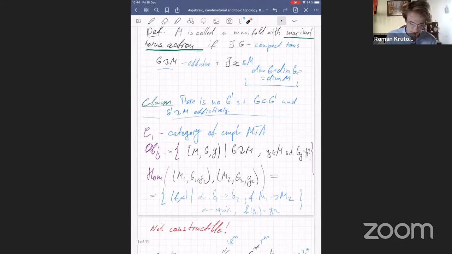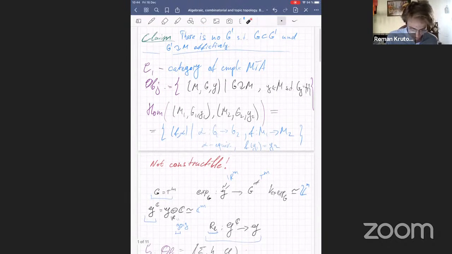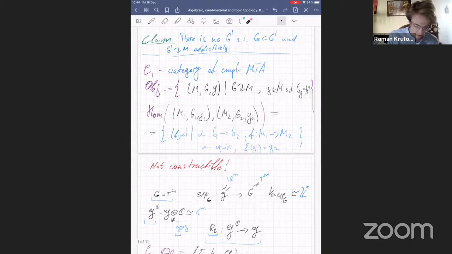But this definition is definitely not constructive, so I will introduce another category, which is actually weakly equivalent to this one. We will now think of G as T to the power m, and with this Lie group there is an associated exponential map from its Lie algebra, which is simply real m-dimensional space.